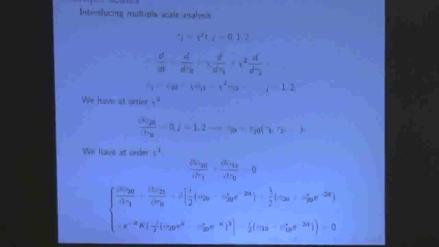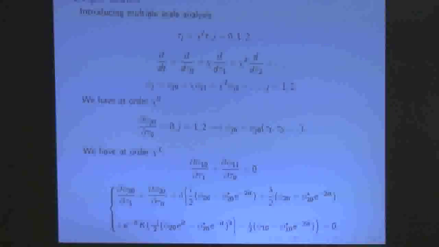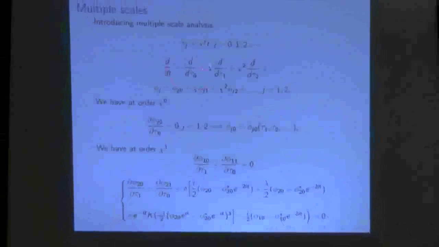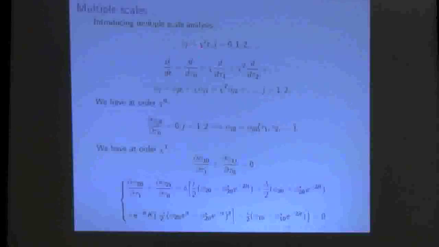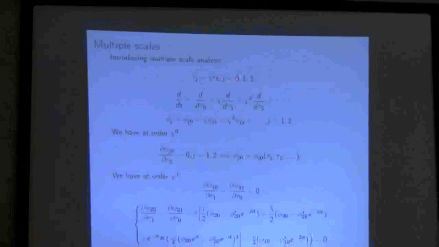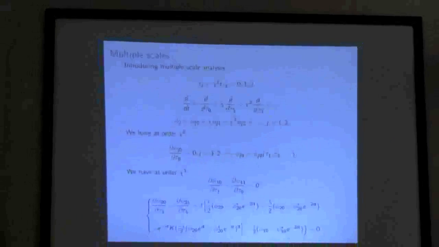Then I use multiple scale analysis, as it has been described by Professor Luongo. Here the small parameter is chi, so I introduce multiple times tau g equals chi^g t for g = 0, 1, and 2, and so on.